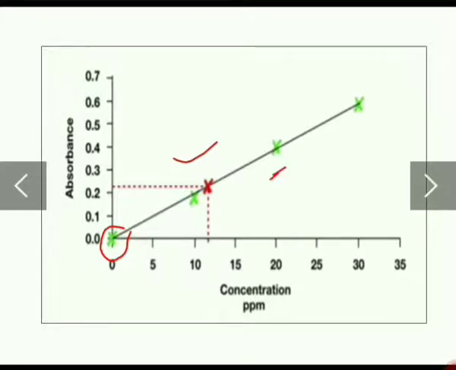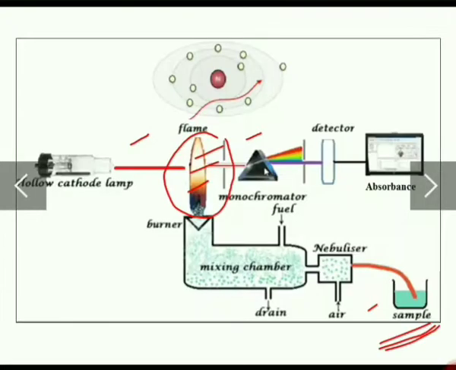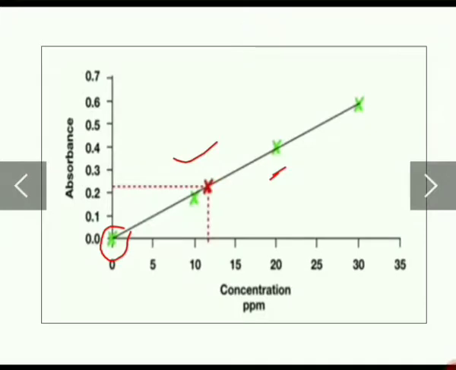The next concentration is 20, so the concentration is higher here, the concentration of sodium atoms will also be higher, so more light radiation will be absorbed, so the transmittance decreases and absorbance increases. Similarly, it goes for the next concentration. So this plot is called a calibration curve.